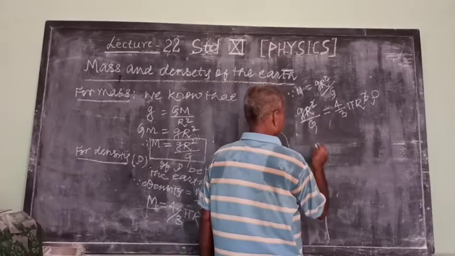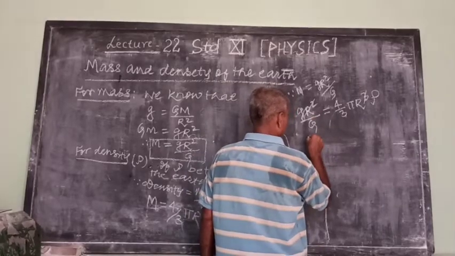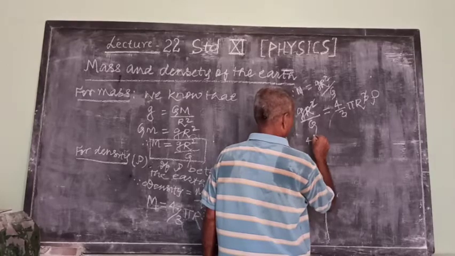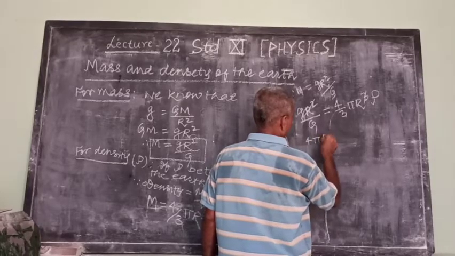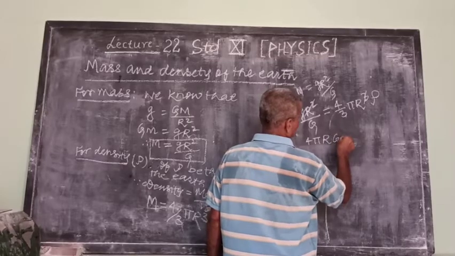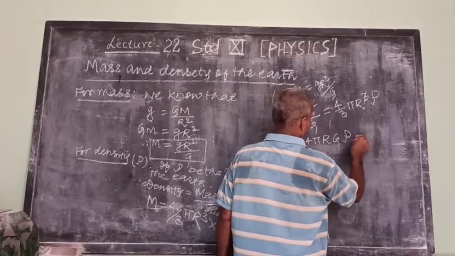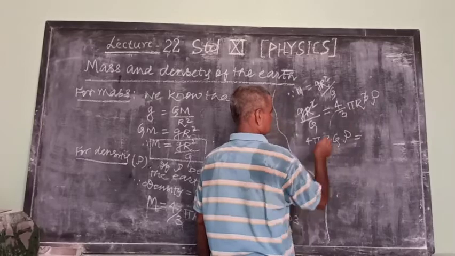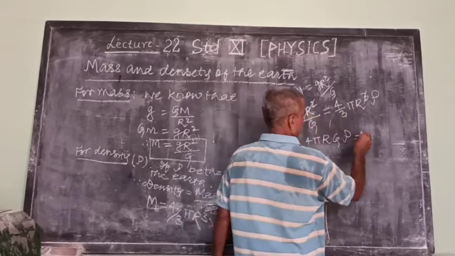We can write, by cross multiplication, 4 pi r into G into rho. This multiplied by this is equal to 3g.